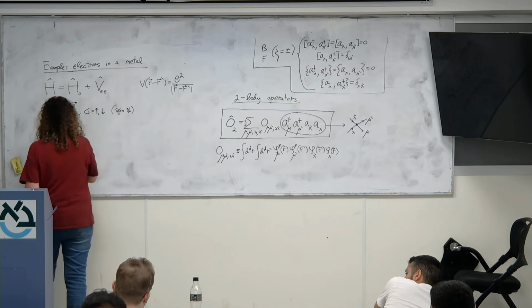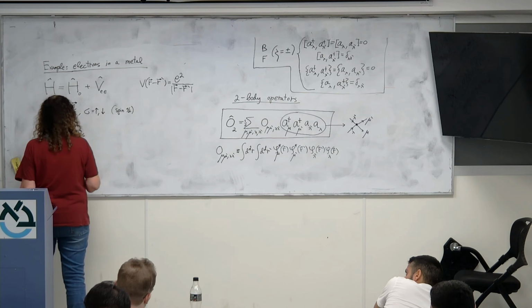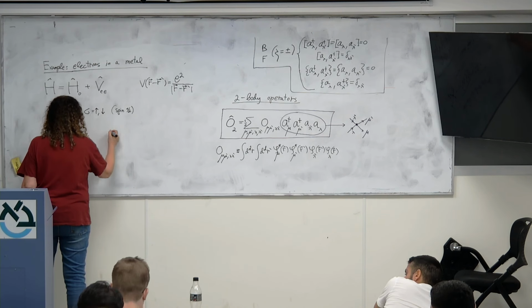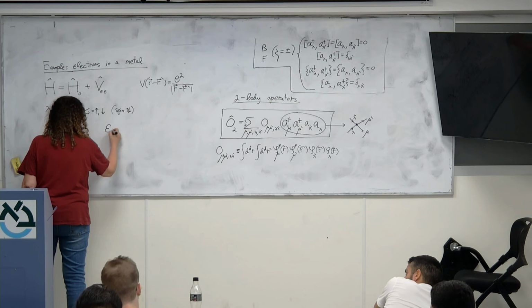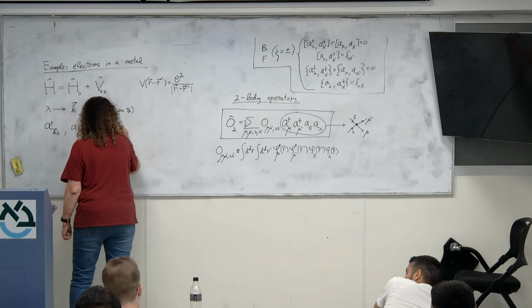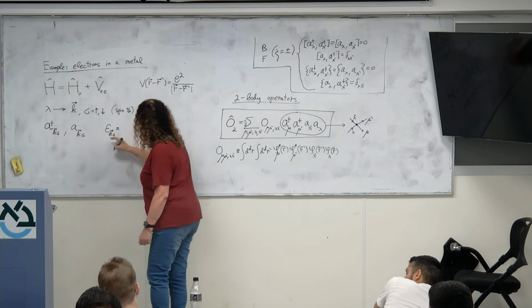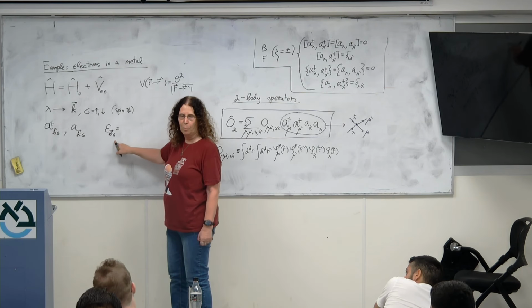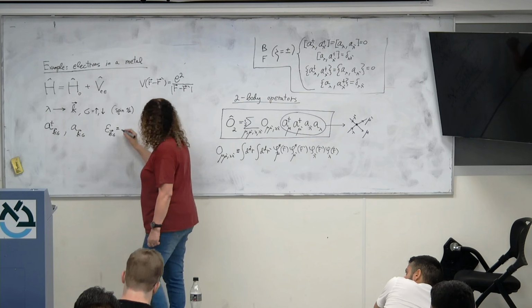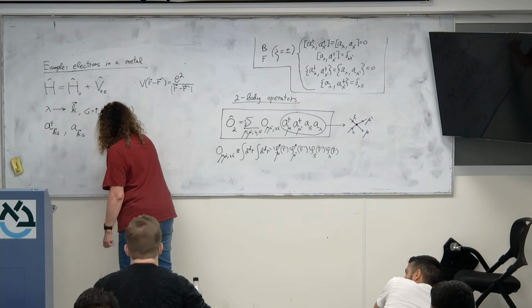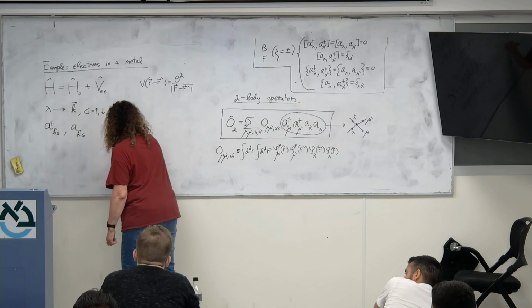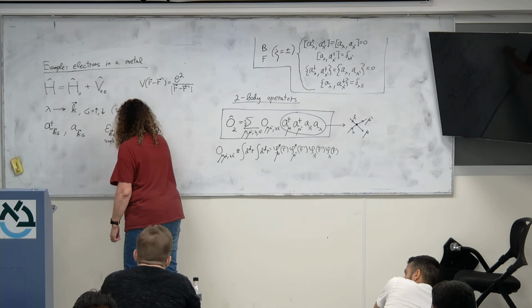Another piece of information is the single particle energies. Just for good measure, let me write it as epsilon k sigma, although it doesn't explicitly depend on sigma. This is a single particle energy.